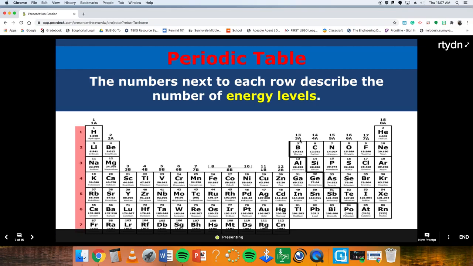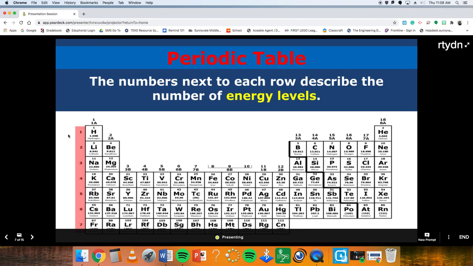Don't get confused by the 13, 14, 15, 16, 17, and 18, because if you think about it, that's how many actual groups there are. But when we're talking about reactivity, and for everything you need to know this year in 8th grade, we ignore these. For that sake, it's group 1, 2, 3, 4, 5, 6, 7, and then finally group 8.